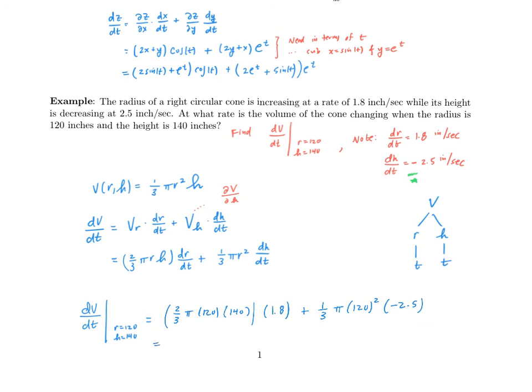And if we were to combine all of these numbers together, using a calculator is more than okay, what we would end up with is 8,160 pi. In terms of units, I recommend not overthinking this. Just note, what are we calculating? The rate of change of a volume. So the units associated with volume would be inches cubed with respect to time, and the time in this problem has been indicated as seconds.